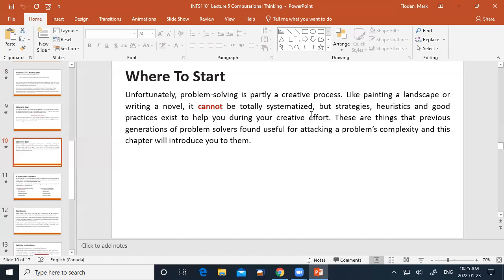So we use these ideas. Strategies means looking toward a long-term solution. Heuristics is trial and error, doing things by practice: try this, try that, and get something that kind of works.